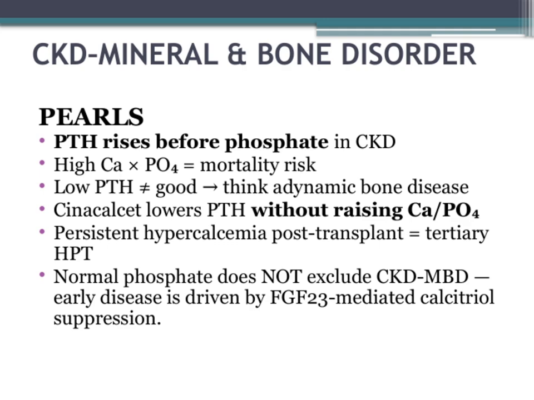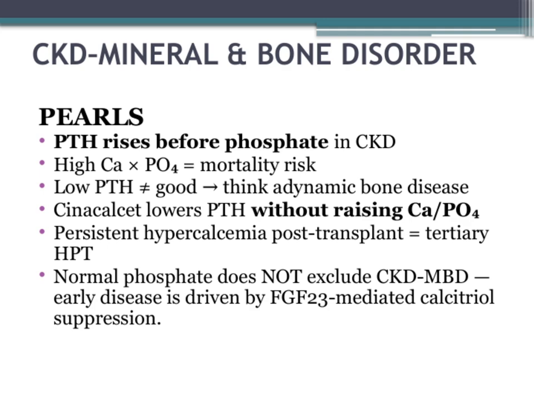Now, cinacalcet is a useful medication because it lowers PTH without causing significant increases in calcium or phosphate levels, helping us manage secondary hyperparathyroidism more safely. In cases of persistent hypercalcemia after a transplant, this often points to tertiary hyperparathyroidism, which can be quite challenging to control.